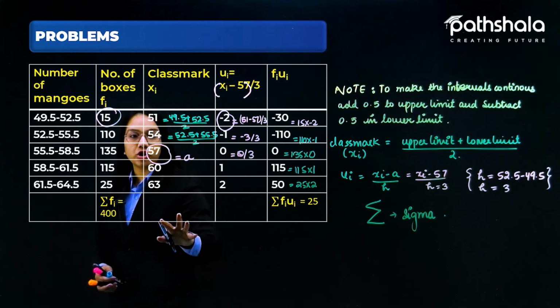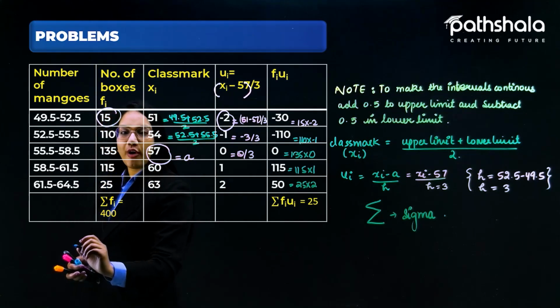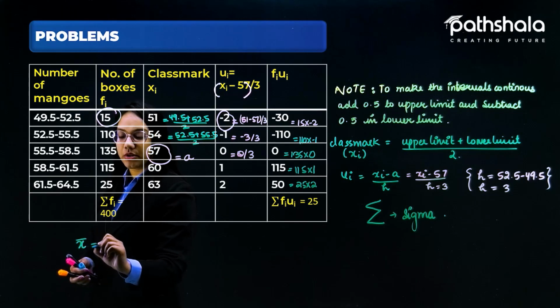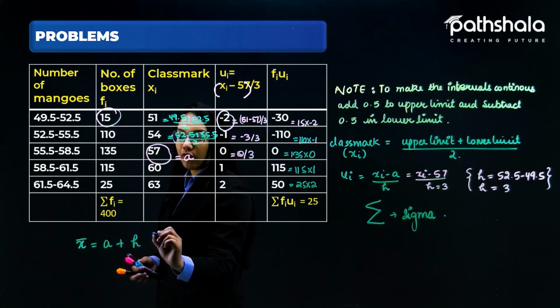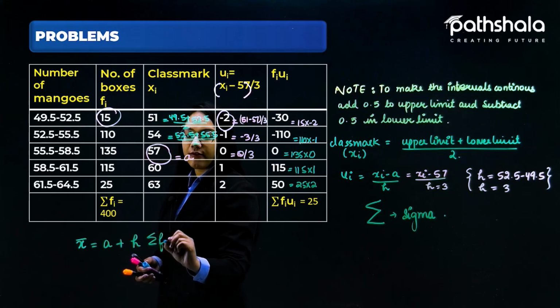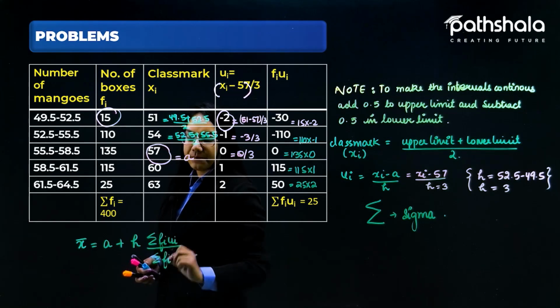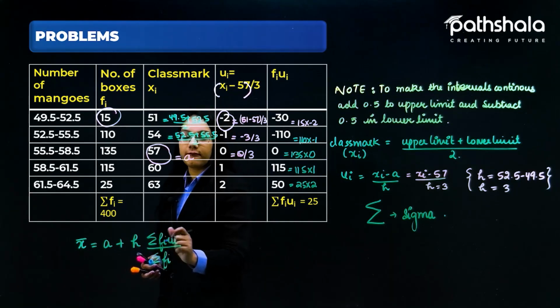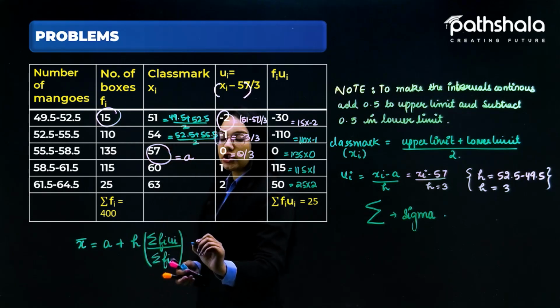If I am using the step deviation method, let's apply the step deviation formula. We have x bar is equal to a plus h of sigma fiui divided by sigma fi. This is the formula that we are going to use to find the mean of the number of the mangoes. Let's plug in all the values.